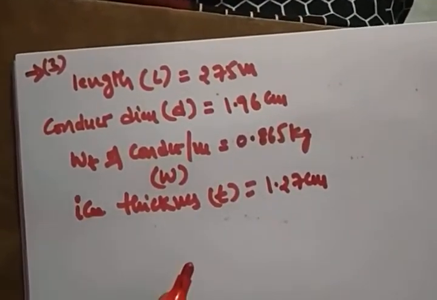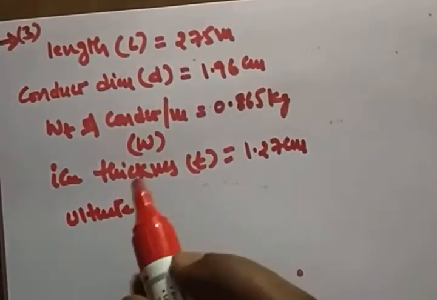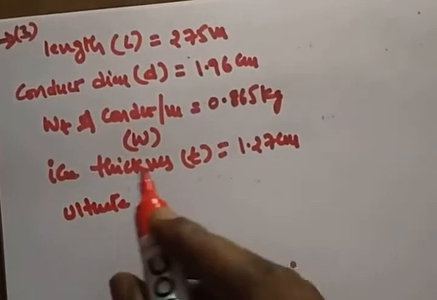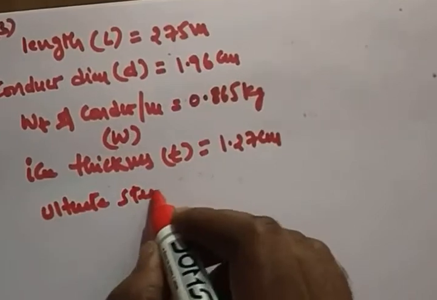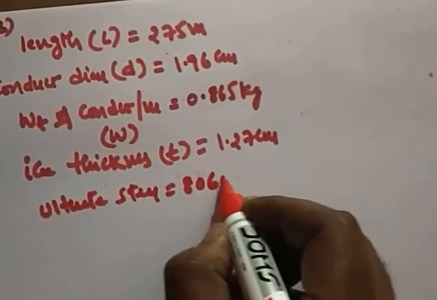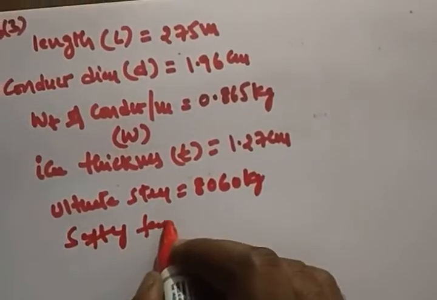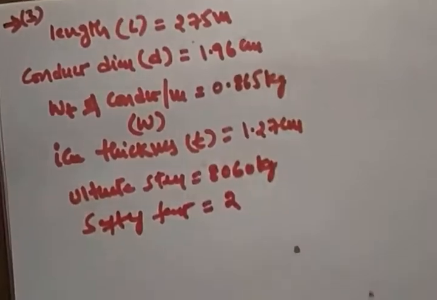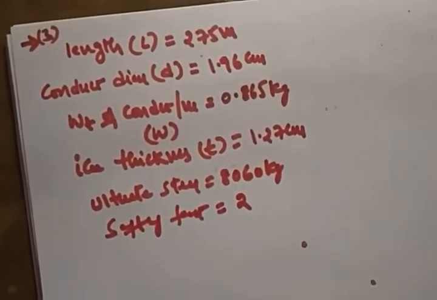And after that, they gave the ultimate strength. So the ultimate strength is given. Ultimate strength being given means you need to find out the tension value yourself, right? So what is the ultimate strength? It is equal to 8060 kg, and a safety factor is given. So what is that safety factor? 2. From that you will calculate the tension. No need to give the tension value, right?